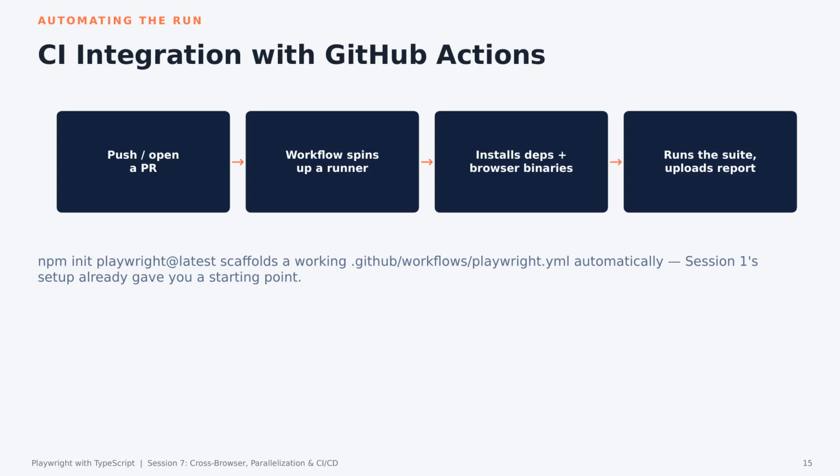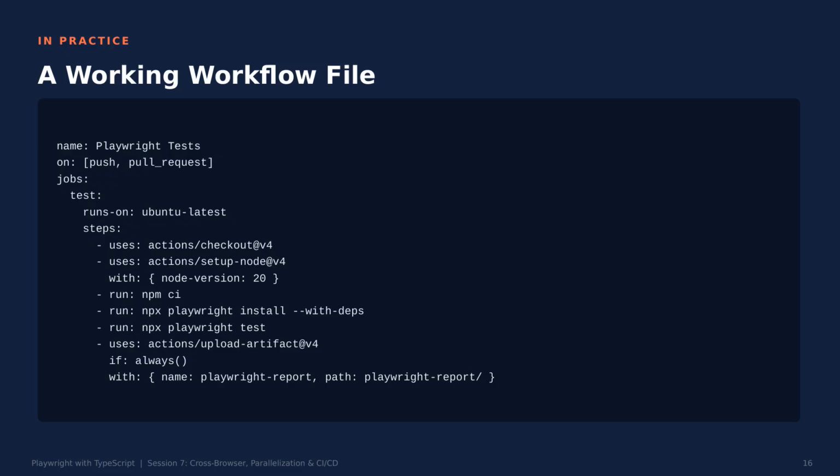Worth remembering, npm init playwright@latest, back in session 1, actually scaffolded a working .github/workflows/playwright.yml file for you automatically. So you already have a starting point sitting in your project right now, even if you haven't looked at it closely yet. Let's actually walk through a complete workflow file together.